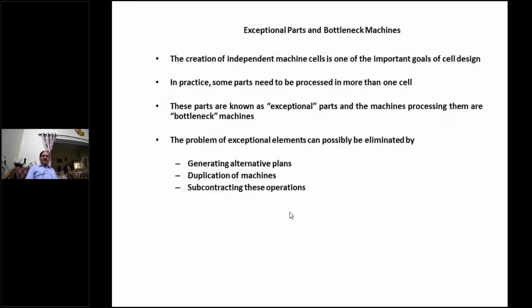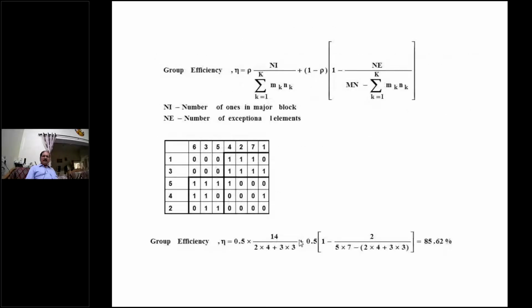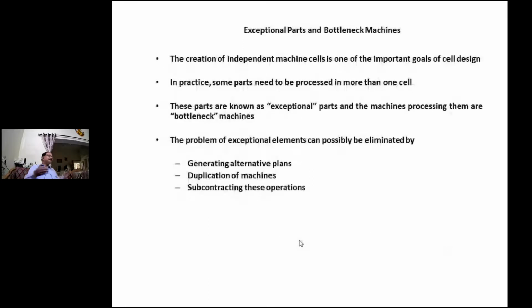Now sometimes, in spite of a lot of attempts, it is really difficult to get the block diagonal structures. So if the ones are found apart from the block diagonal structures, then these are called exceptional elements.